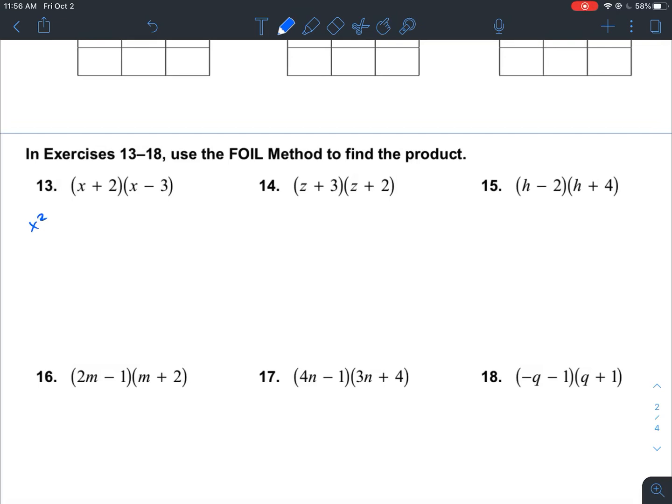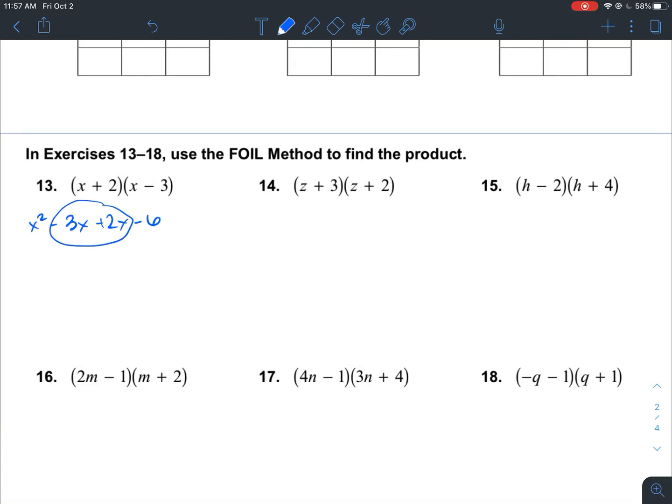So the first terms and then the outer terms. So that's going to be x and -3, which would be -3x. Take the inner terms, so that's 2 and +x, so +2x when you multiply them together. And then the last terms, which is -2 and -3, which is +6.